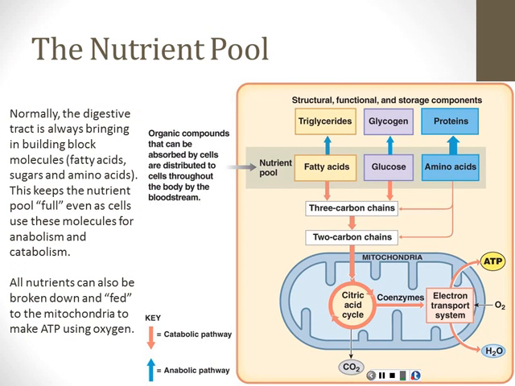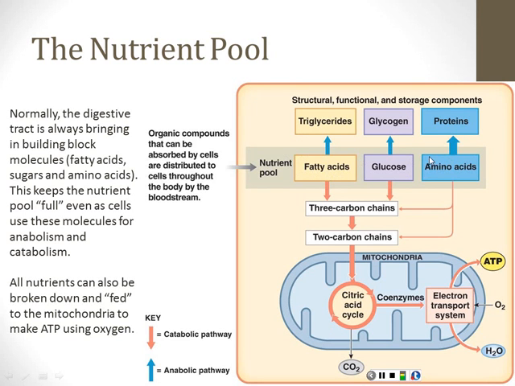Because that's the best thing for health, to have what you need to build when you need to build it. So the nutrient pool is found both inside of cells and outside of cells. And the three building blocks, for sure know those: fatty acids, simple sugars like glucose, and amino acids.